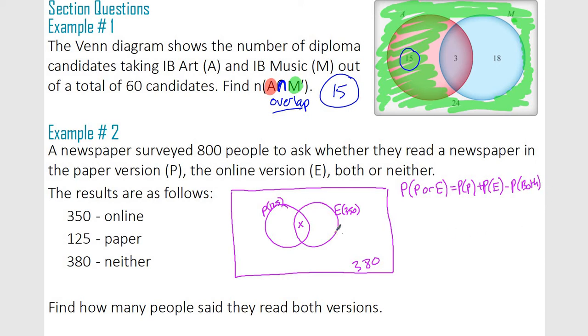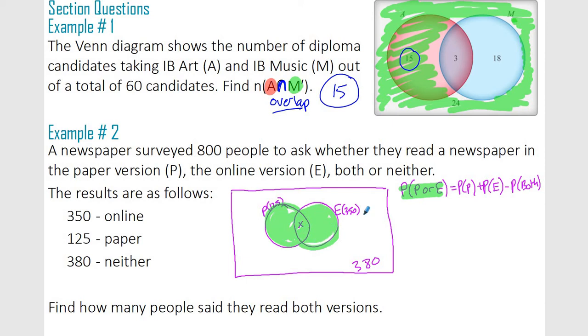Okay, so the probability of paper or online is all of this section.